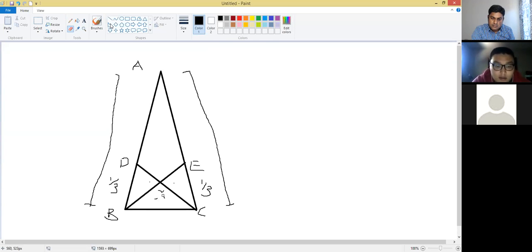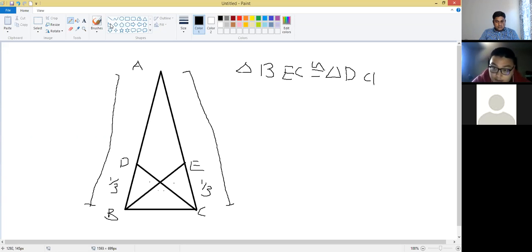This will be a little easier for you. BCE. So prove triangle BEC is equal to triangle DCB by what? By SSS, by HL.